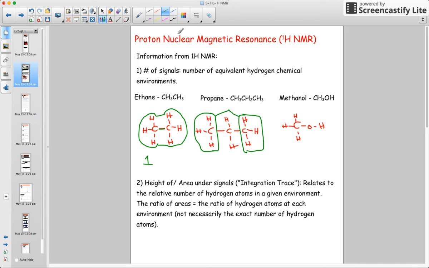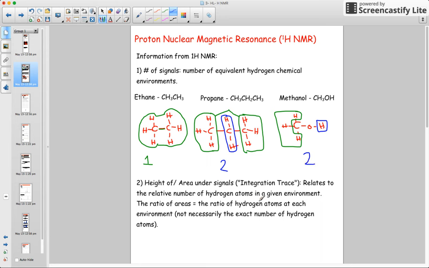And then these two have a slightly different environment. These 2 hydrogens are on a CH2 group that's in between 2 methyl groups. So that's a second hydrogen environment. So there are 2 different chemical environments in propane. As we look at methanol, these 3 are in the same environment because they're on the same atom. And that's clearly different than this H, which is on an oxygen. So there are 2 environments here.